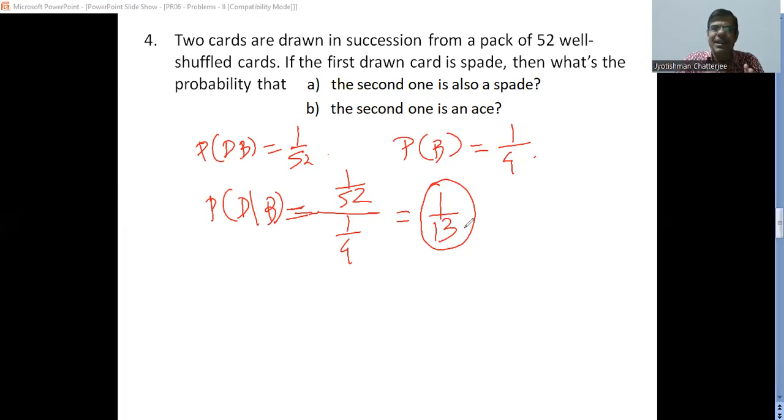Okay. I want you to observe some interesting thing here without getting into any further calculation, because we have already done lots of calculation here. Intuitively, how much should be probability of D? D is asking about only the second card. And the question is, what is the probability that the second card will be an S?